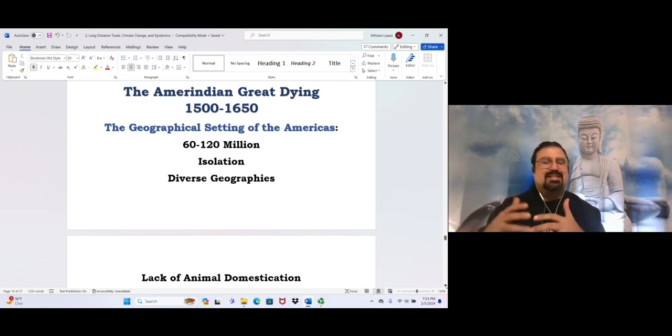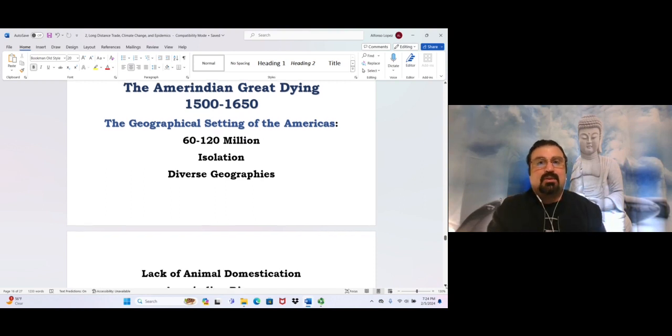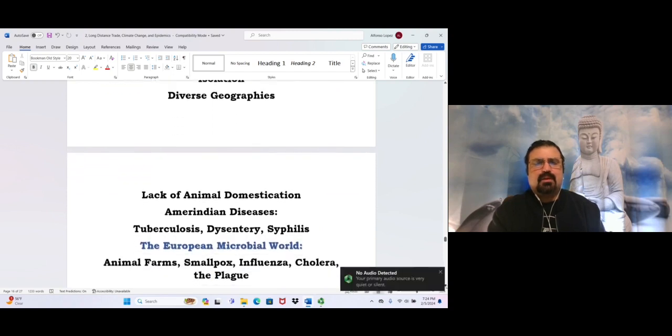And so what that meant is that there is no sharing of viruses, bacteria, and microbes. So the kinds of epidemics that the Europeans brought had not yet developed in America. So the Native American population never really developed immunity or resistance to those viruses. Okay, so this is going to be central, the isolation.